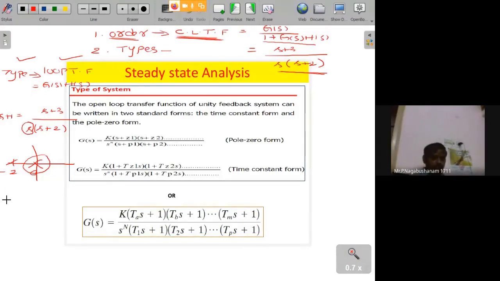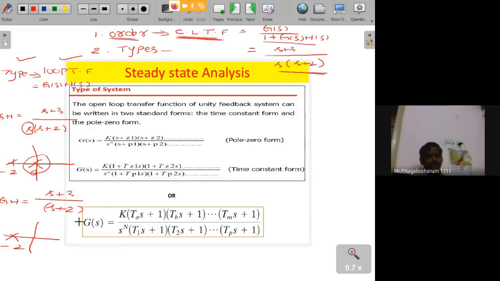Next we take a second example, g of s, h of s equal to s plus 3 divided by s plus 2. In this case, if you draw the pole zero plot, s equal to minus 2 is the only pole, but there is no pole at the origin, so it is a type 0 system. Number of poles at origin is 0.